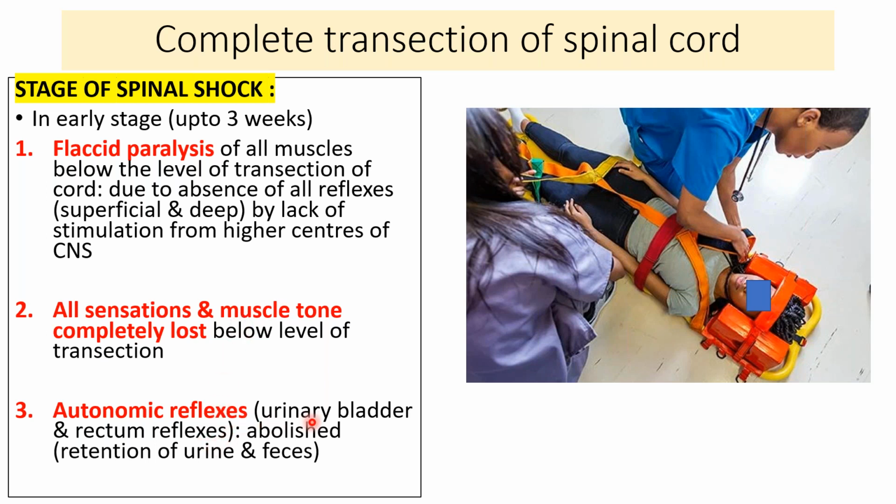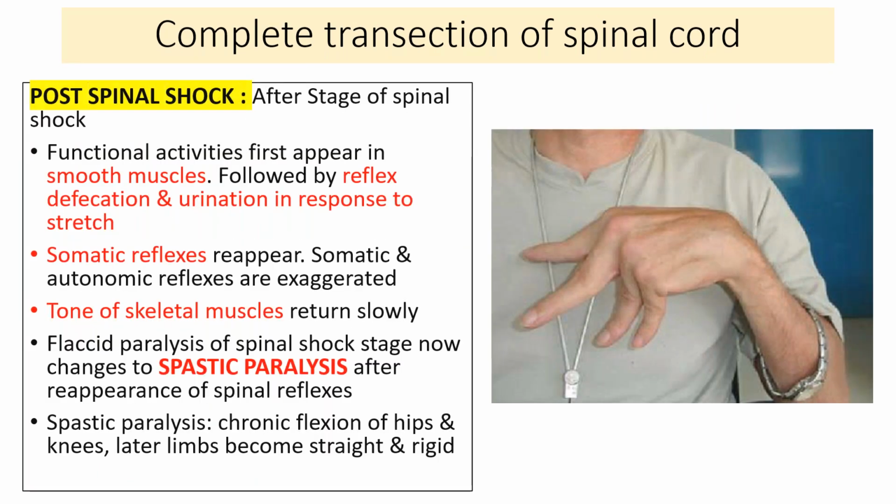All the autonomic reflexes, what are those reflexes? Urinary bladder and rectum reflexes for urination and defecation will be abolished. So there will be retention of urine and feces in these patients. This will be followed by a stage of post-spinal shock, which is after the spinal shock. In this stage, the functional activities will reappear.